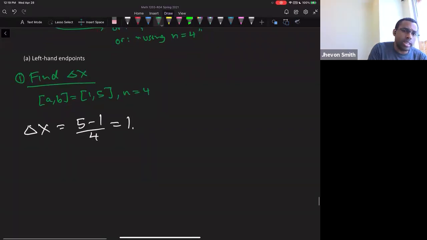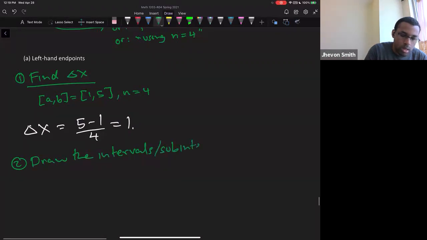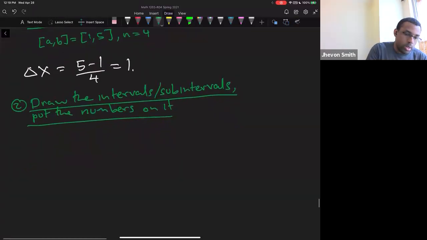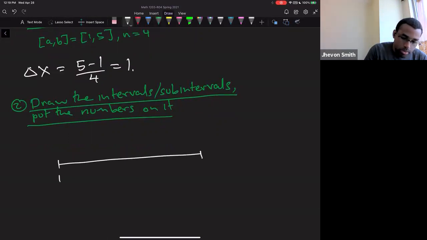Now, what I like to do is draw the interval in subintervals and put the numbers on it. So here's the interval from 1 to 5.